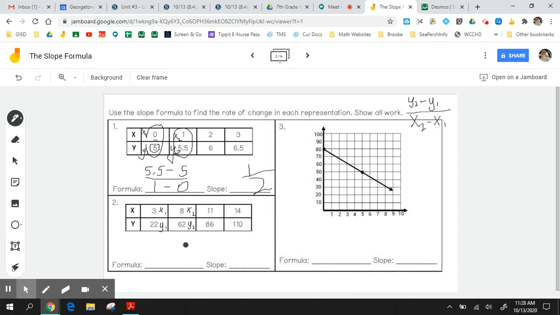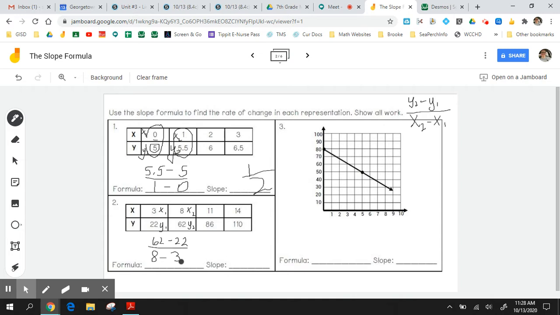Okay, so y is on top. 62 minus 22 are my numerator. Those are y2 minus y1. My bottom of my fraction, my denominator, will be 8 minus 3.